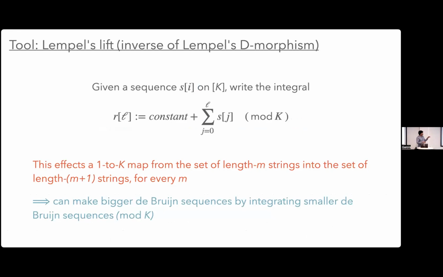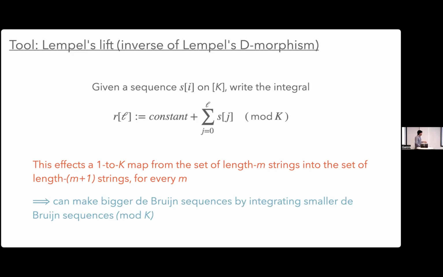So given a sequence S of i on the alphabet k, write this integral R of i equals some integration constant, which is going to be some number between 0 and k minus 1 inclusive, plus this cumulative sum. You're just adding a character, adding another character in that cumulative sum, getting a new sequence.